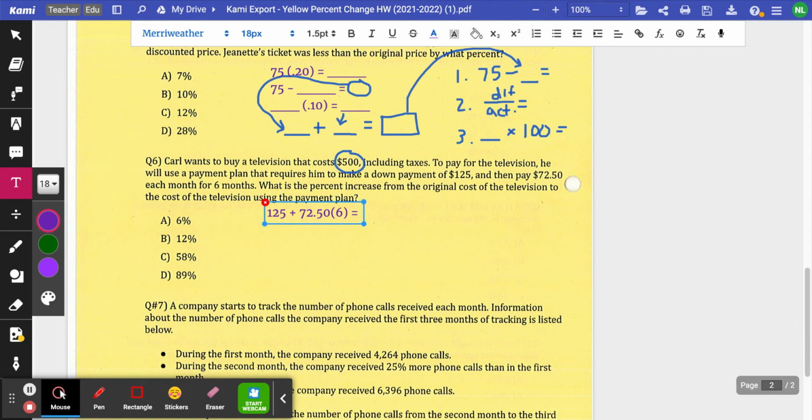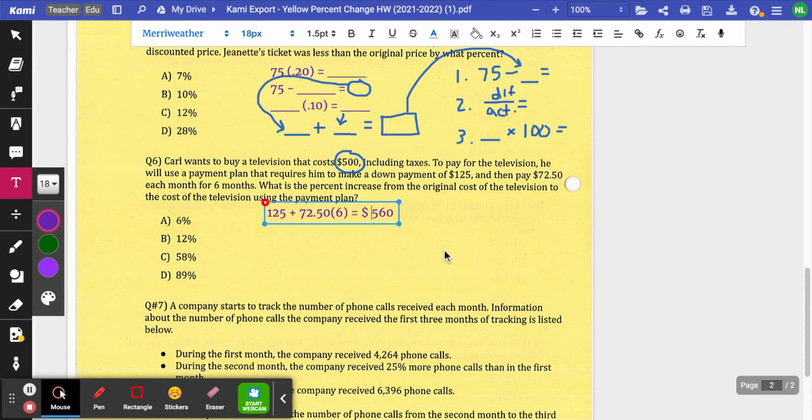When you put that in your calculator, 72.50 times 6 plus 125, the actual cost of the TV with a payment plan is going to be $560.